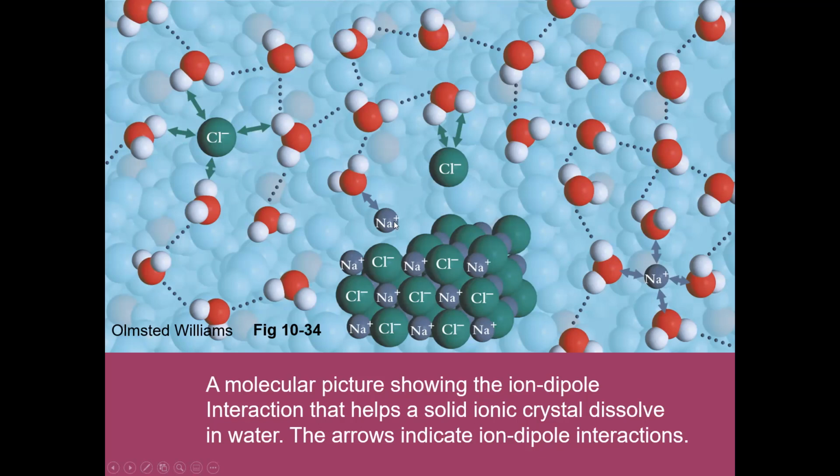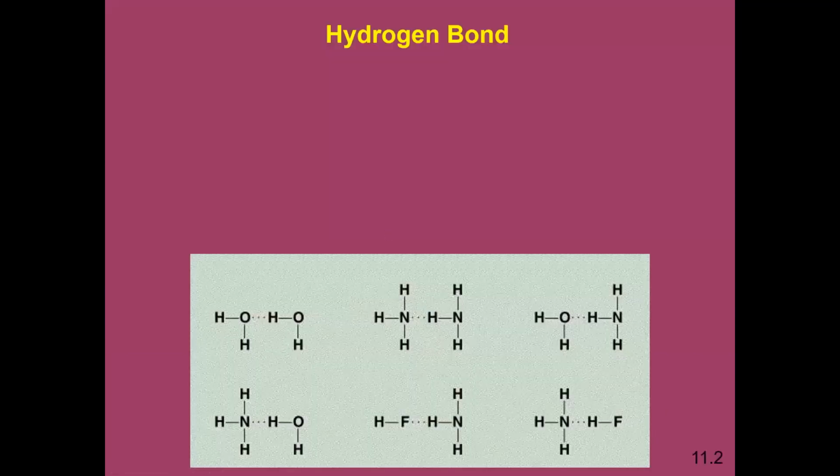Whereas over here, the sodium is involved with the oxygen of the water molecule, which is the negative end, since sodium is positive. All right, this is the last one. And hydrogen bonding is actually a very specific type of dipole.